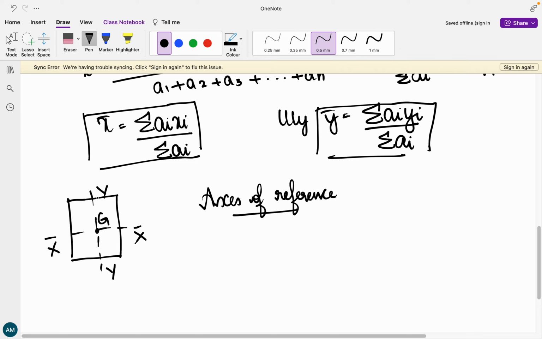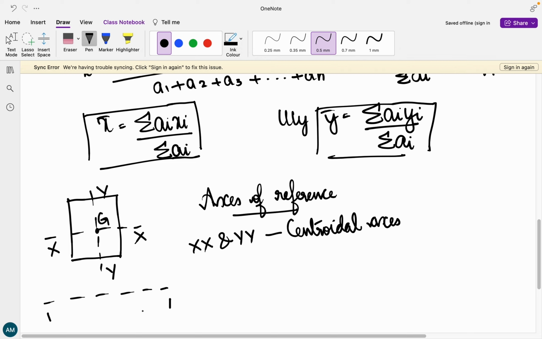So this XX and YY are nothing but centroidal axes, because they are with respect to your centroid or passing through your centroid. Now say for example, I am going to write one axis. This one axis is nothing but my reference axis or axis of reference.